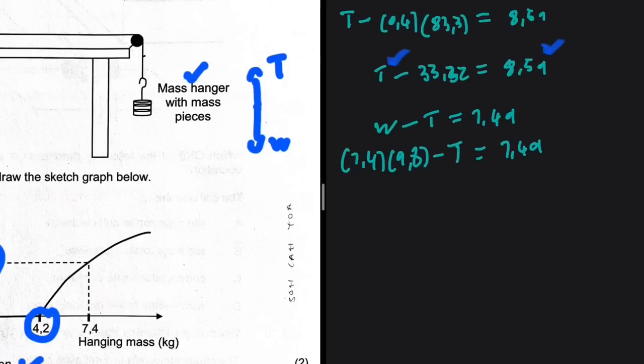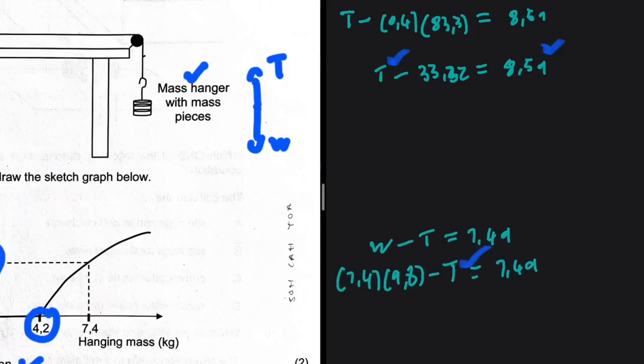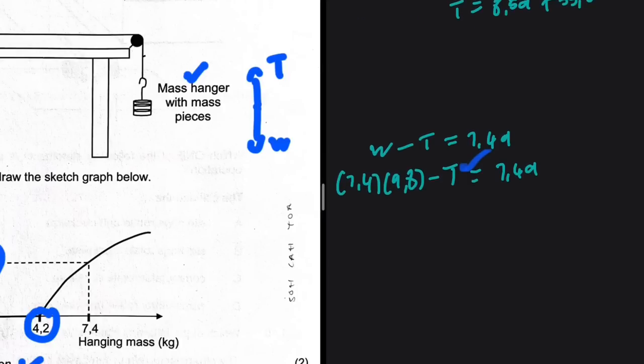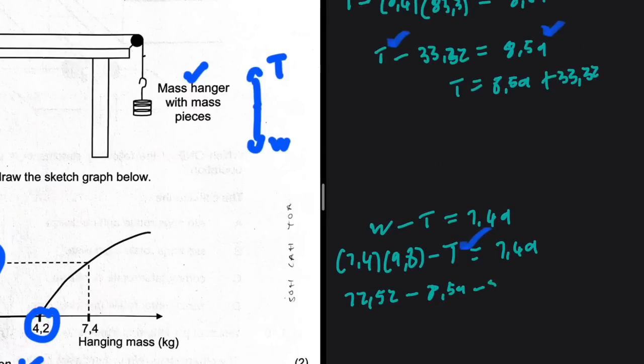Obviously, we can make the tension the subject of the formula in the previous equation. It is going to give us 8.5 acceleration plus 33.32. So instead of having tension there, we can say 7.4 multiplied by 9.8, which is 72.52, minus 8.5a minus 33.32 is equal to 7.4a.